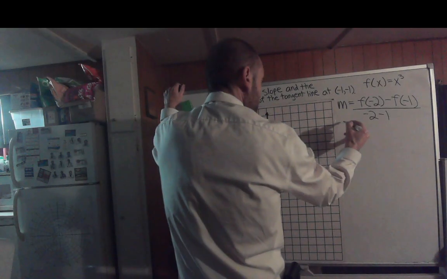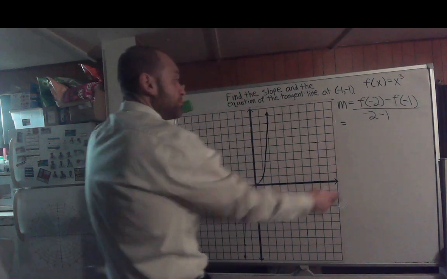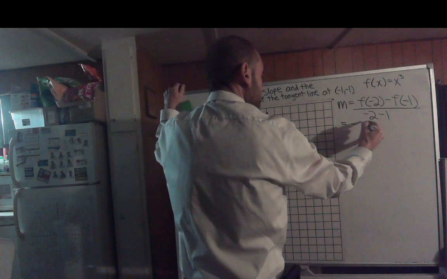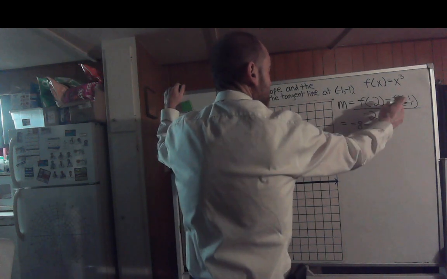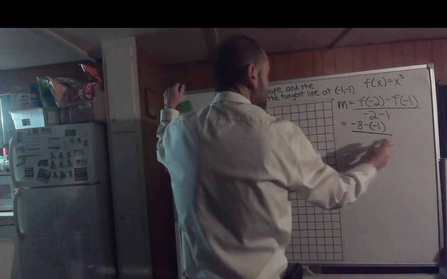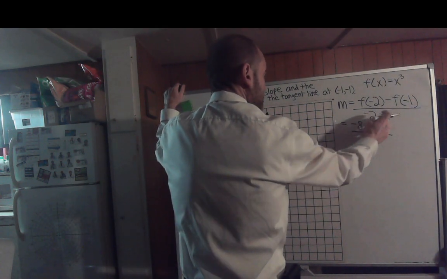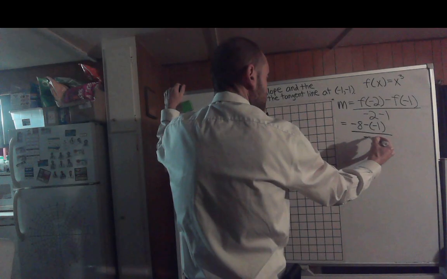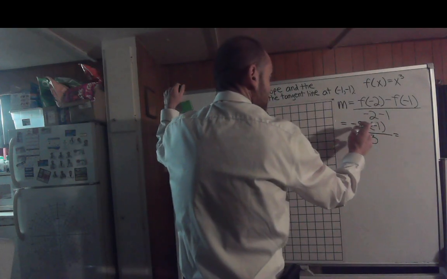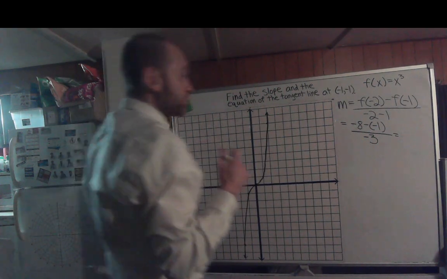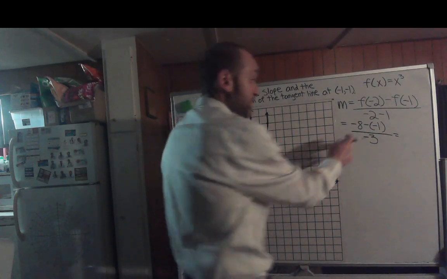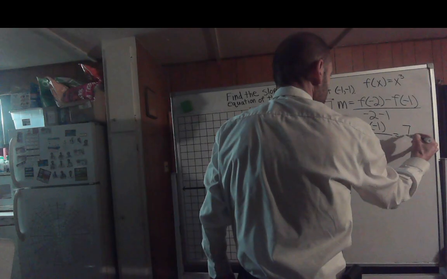Well, if I put in -2 for my x cubed, that would give me -8 minus -1 to the third is minus -1, divided by -2 minus -1, which is -1, which is going to give me -8 plus 1, which would give me -7 divided by -1, or 7.